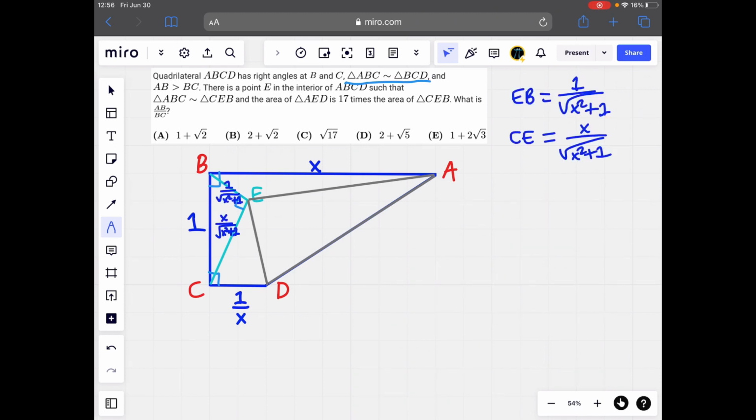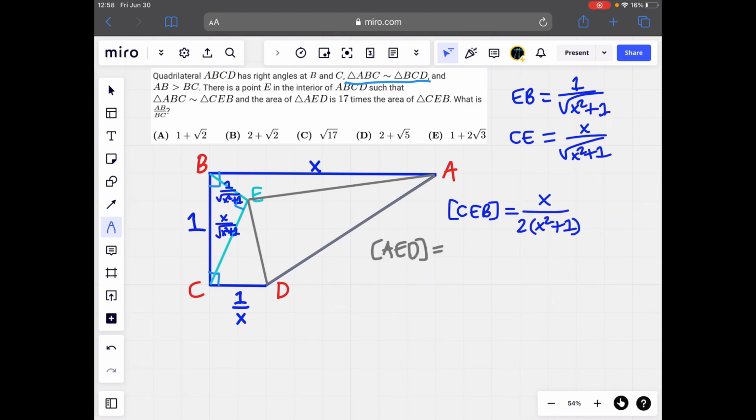So we can find the area of triangle CEB by multiplying these two numbers we found for EB and CE, by square rooting EB squared and CE squared, respectively. If we multiply them and divide by 2, that's the area of triangle CEB, because it's a right triangle and these are the two legs. So the area of triangle CEB is equal to x over 2 times (x squared plus 1).